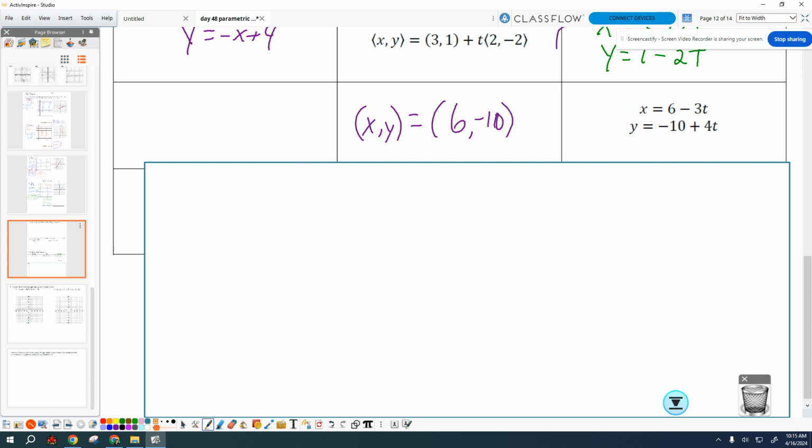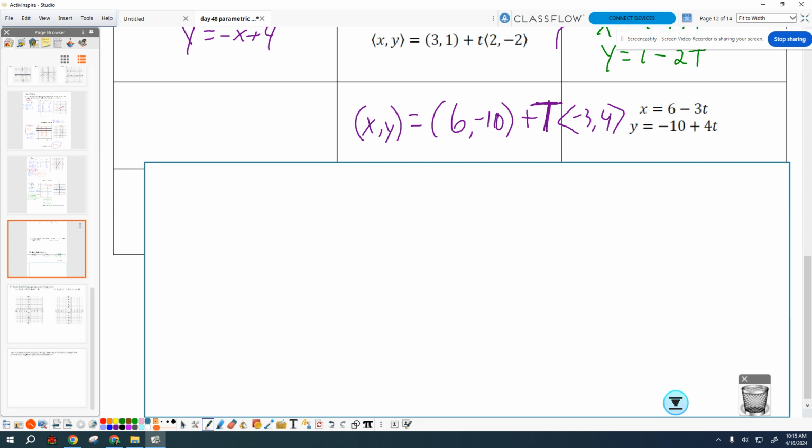Is that a coordinate or a vector? Coordinate. Okay, plus t times 3, 4, negative 3 comma 4. Okay, so we all right with that, going from parametric to vector?